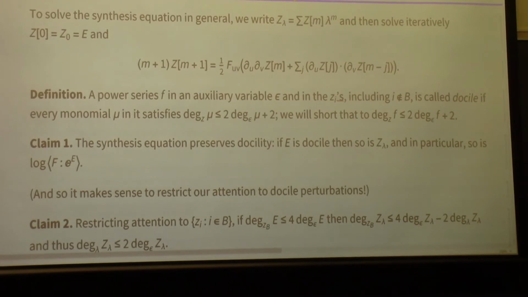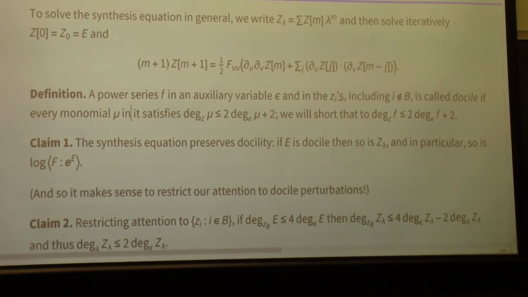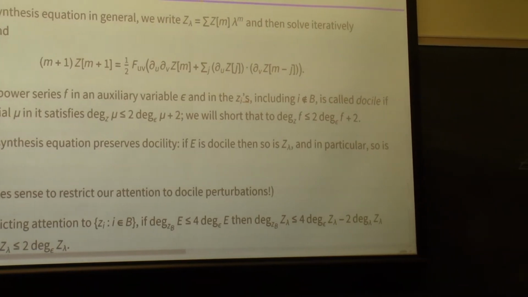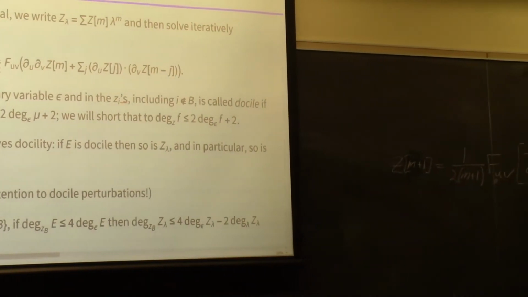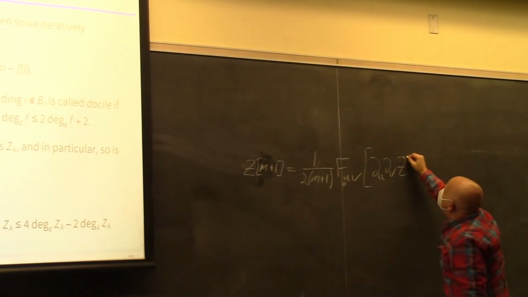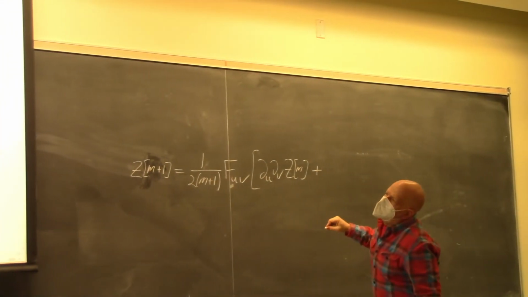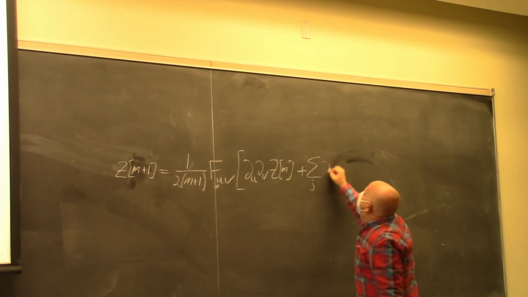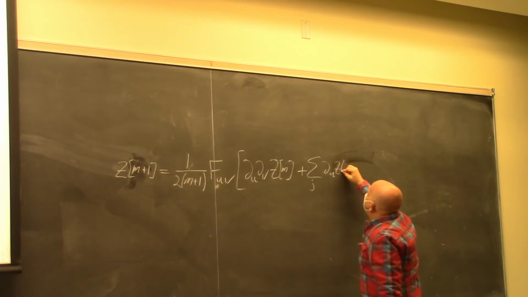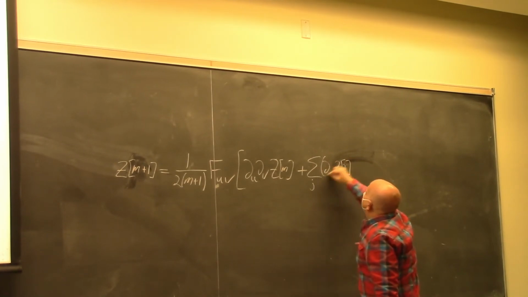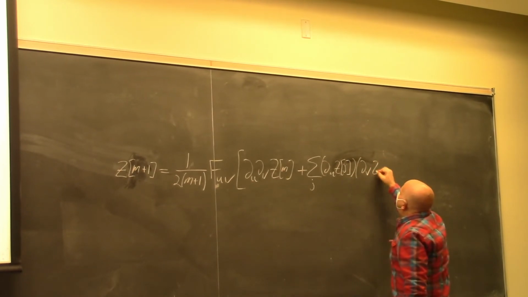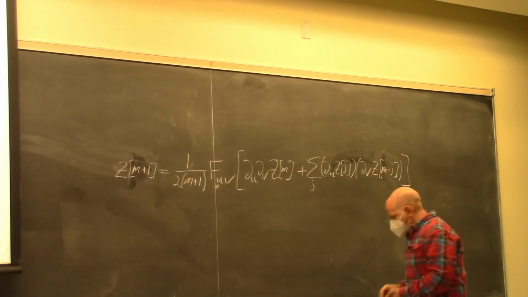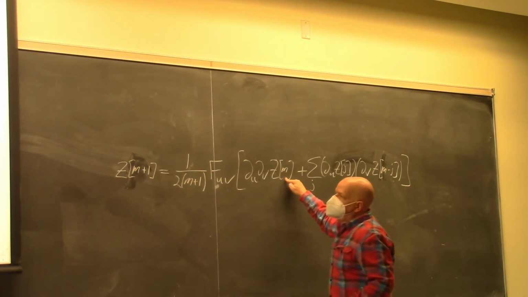So Z m plus 1 is equal to 1 over 2m plus 1 times f u v, the derivative with respect to u, derivative with respect to v of Z m, plus a sum over j of the derivative with respect to u of Z j, derivative with respect to v of Z m minus j.